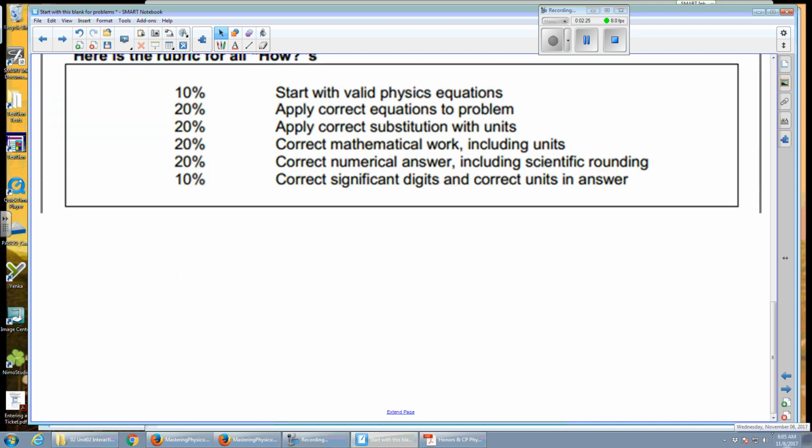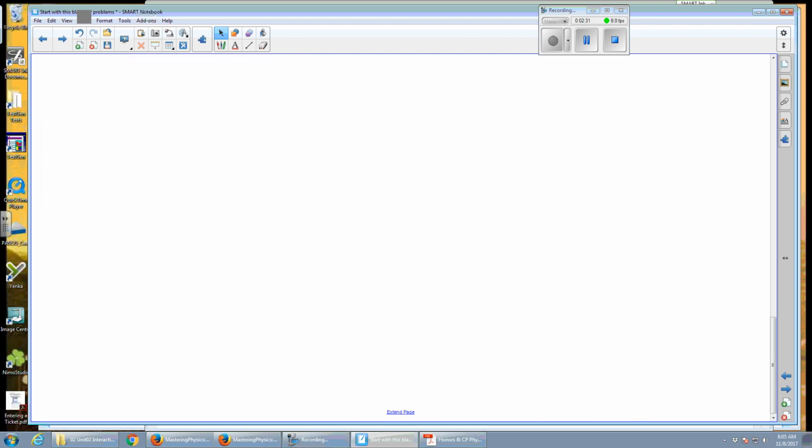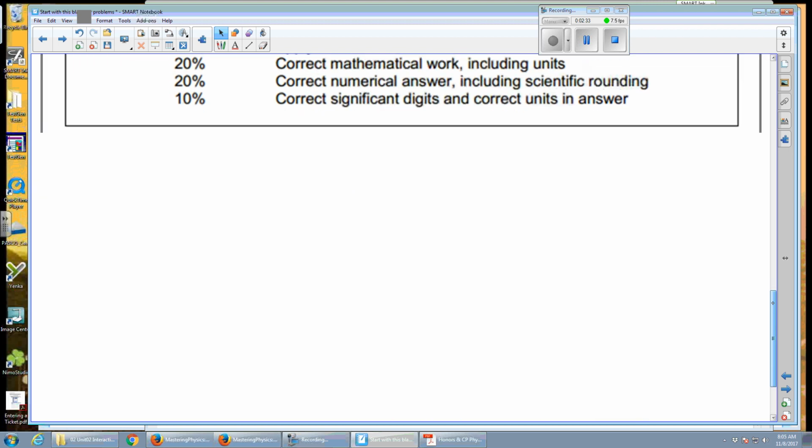So that leads me down to my how. And in my how, I'm going to start off with a couple of physics equations. Sum of the forces equals 0. Kind of a base equation.